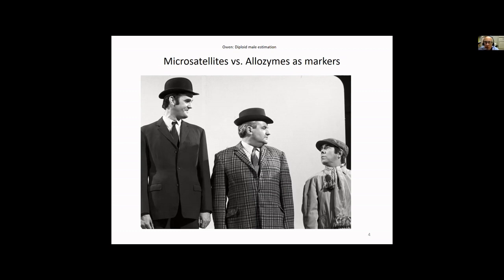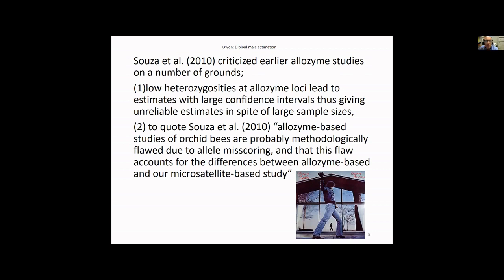And in fact, some of the microsatellite people have criticized earlier allozyme studies on a number of different grounds. One is that of low heterozygosities. The other is to say that allozyme-based techniques are really not very good, and there can be considerable misscoring of alleles.